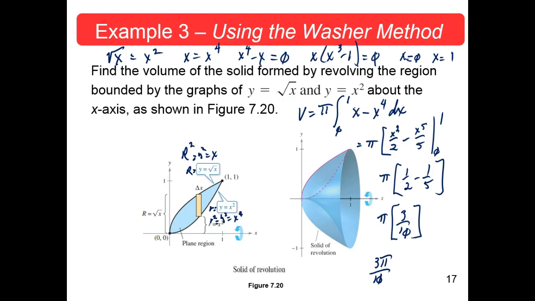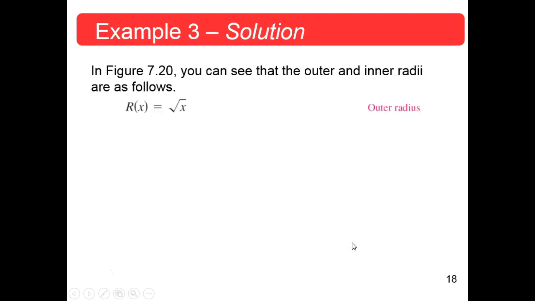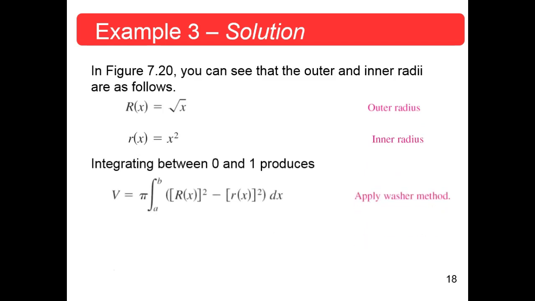And guess what? You can revolve around the vertical axis just as well. Oh, wait. They showed this. Let me show the rest of the problem the way they did it. In the figure you saw before, the r of x is square root of x, the big R. The little r is x squared. When you square each of those, integrating between 0 and 1, they didn't show you where they got that, but we did.